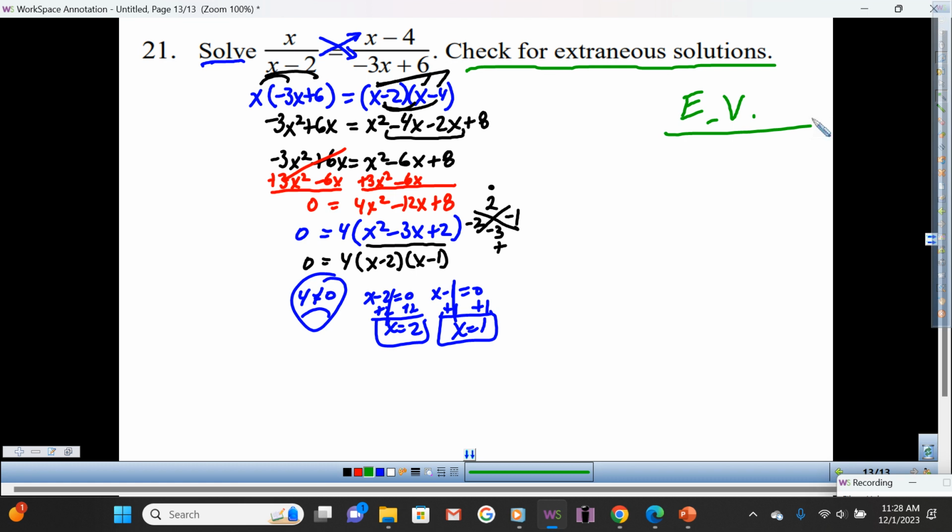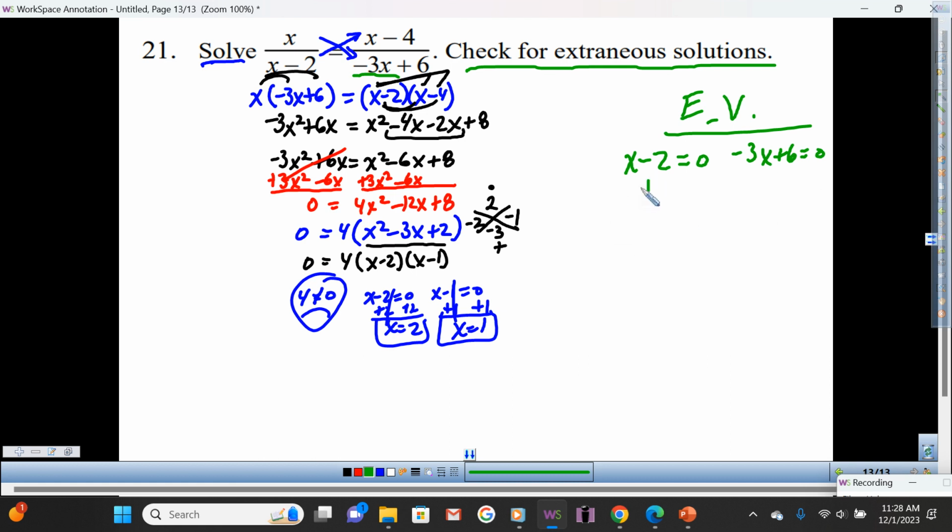Pass someone, Emily P. Brianna, what do I write? Equals 0. Negative 3x plus 6 equal to 0. Or in other words, take the denominators equal to 0.